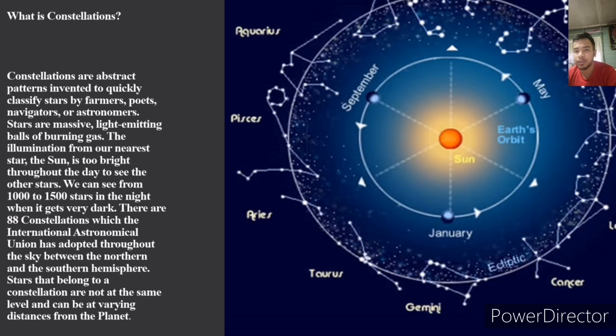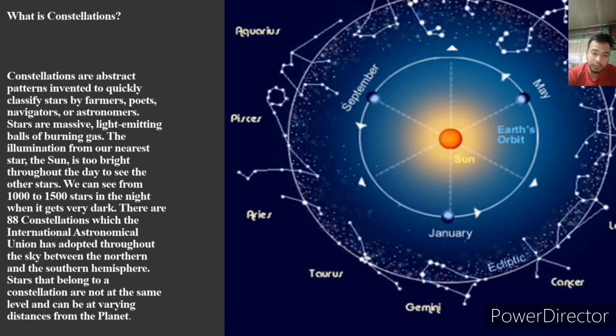So let's see, what are constellations? Constellations are abstract patterns invented to quickly classify stars by farmers, poets, navigators, or astronomers. Stars are big and bright, like emitting balls of burning gas.